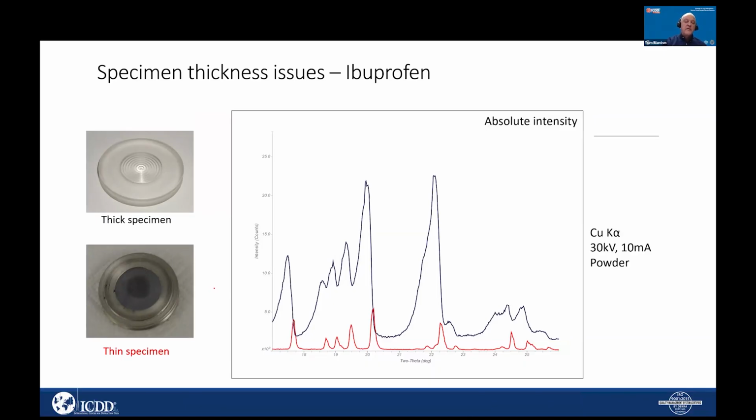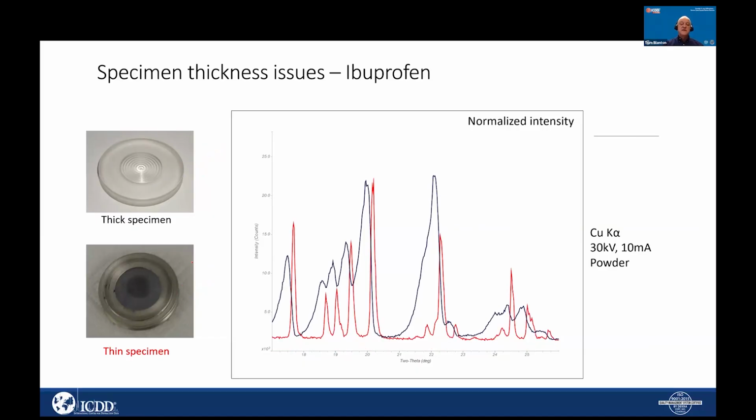One, the specimen that was packed in a front pack depression holder versus one sprinkled on a silicon background plate. And you'll see in this plot here, the absolute intensities, a little bit easier to see if you normalize the intensities.